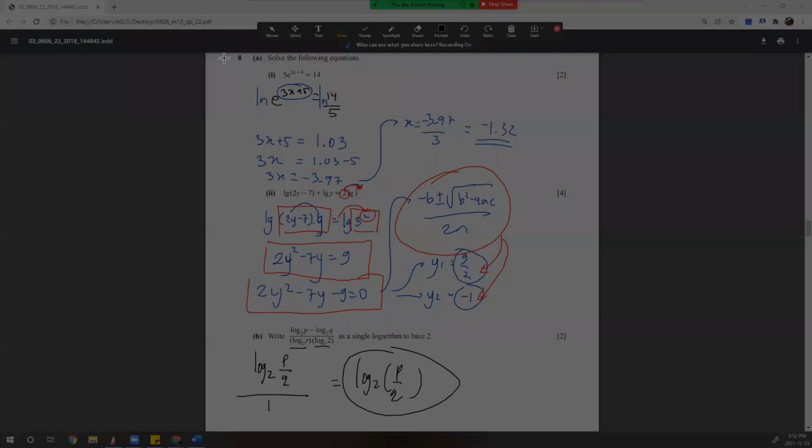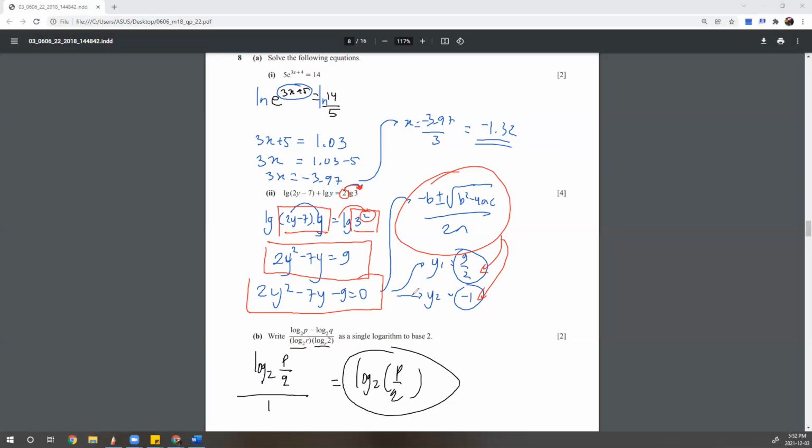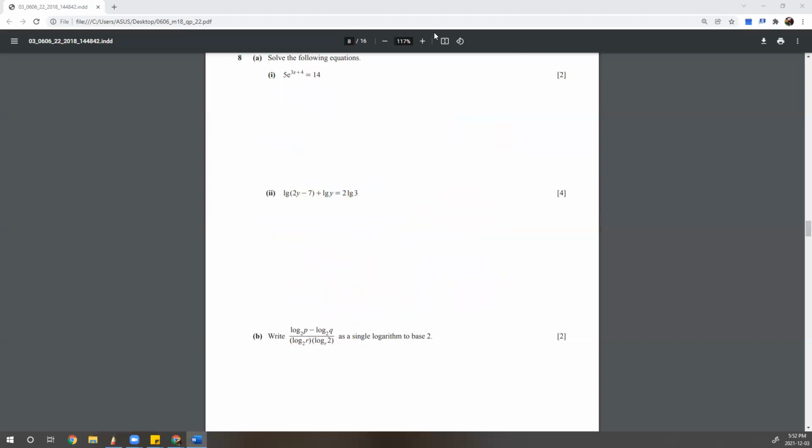Wait, number 8. Can we go over logarithms? I kind of forgot. Okay, sure, no problem. Logarithm rules. So if I have log a b plus log a c, it has to be log a (b times c).